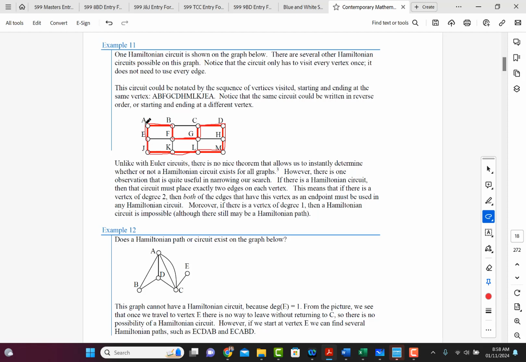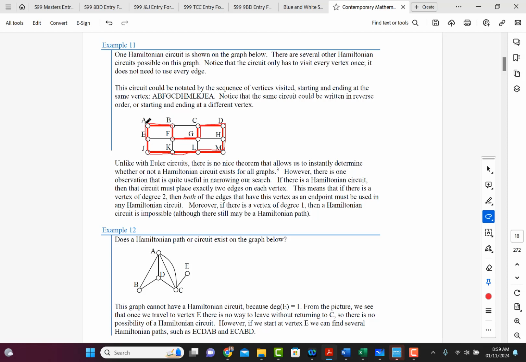This means that if there is a vertex of degree 2, then both of the edges that have this vertex as an endpoint must be used in any Hamiltonian circuit. Moreover, if there is a vertex of degree 1, then a Hamiltonian circuit is impossible, although there still may be a Hamiltonian path.